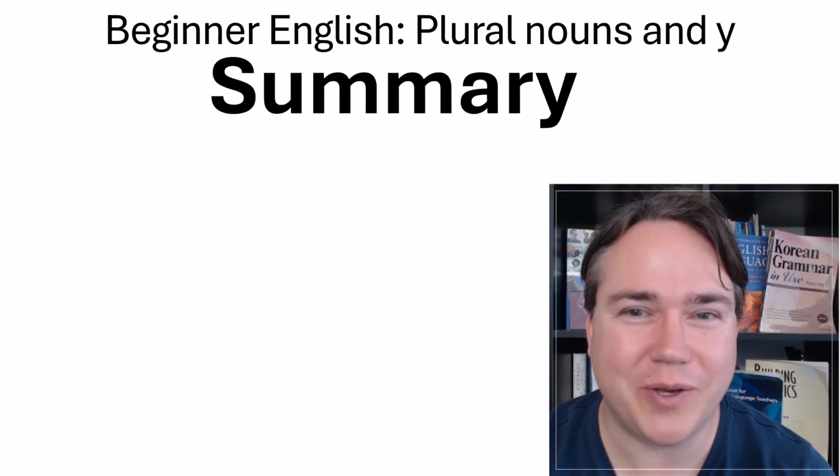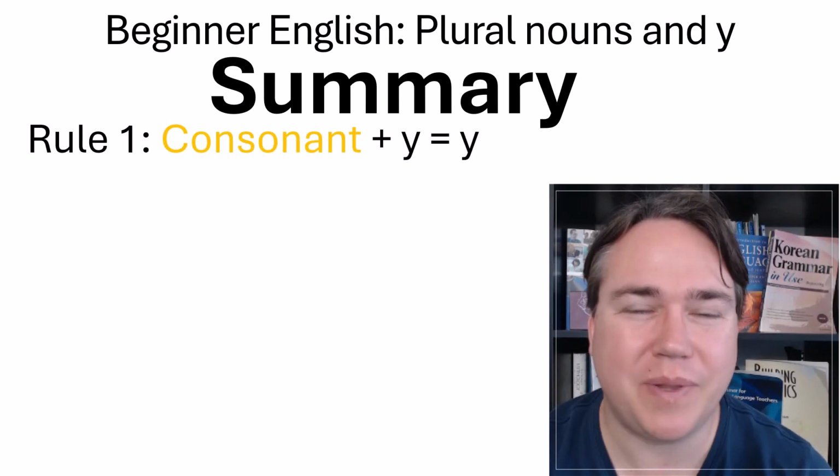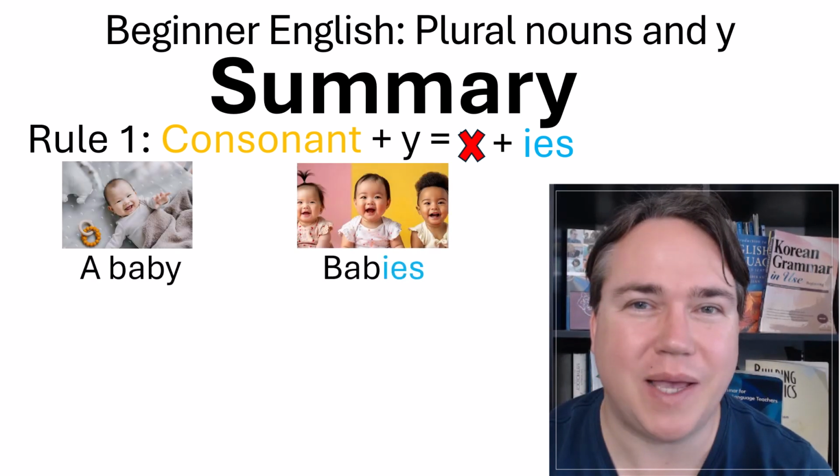In this video, we've learnt about plural nouns and Y, and the two rules. The first rule, consonant plus Y. If it's a plural, remove Y and add IES. For example, a baby, two babies, three babies, four babies.